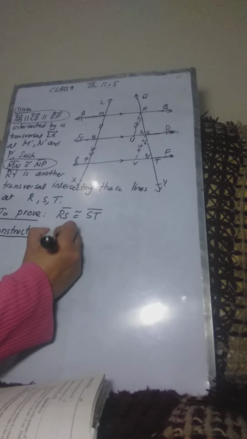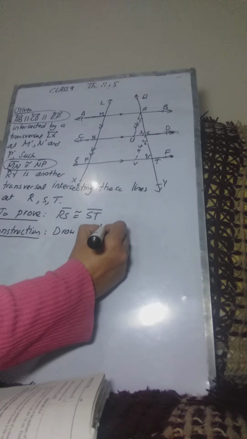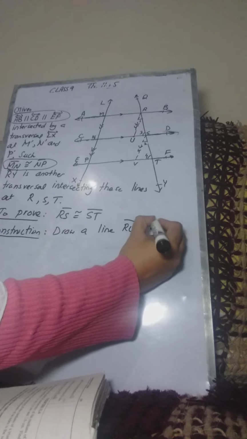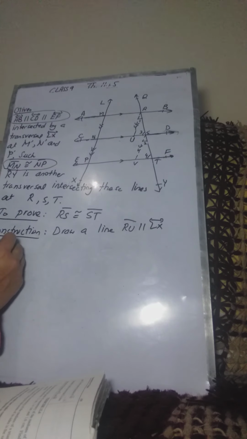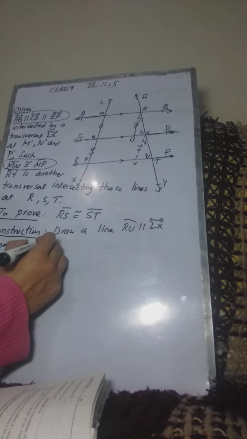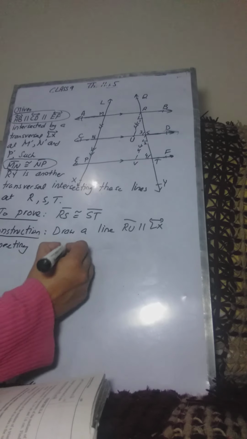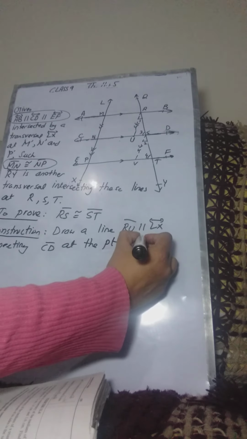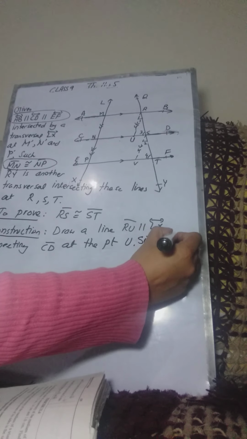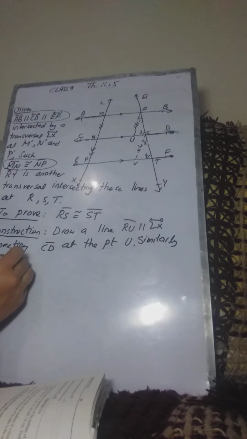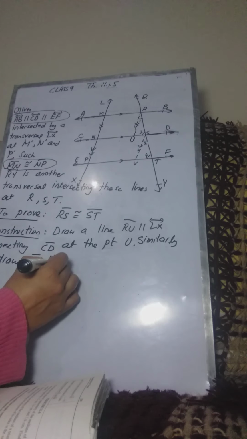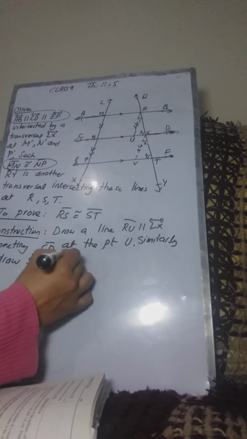What we did is draw a line RU parallel to LX, and meeting the line CD at the point U. Similarly, draw SV parallel to LX. Both are parallel to LX.